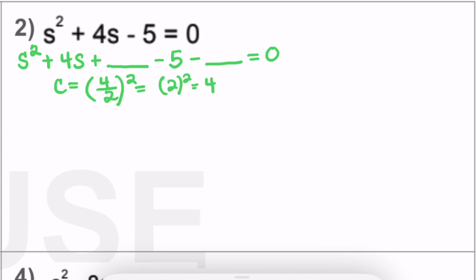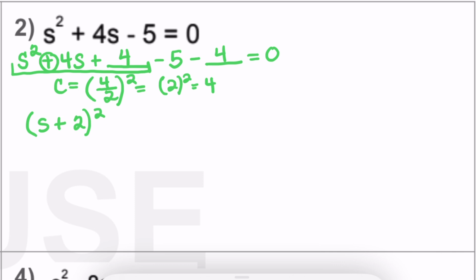So the value of c is 4, so you put 4 here and 4 here. So now you take your first 3 terms, make your binomial. This is going to be s, remember take this sign, plus the square root of 4 is 2.